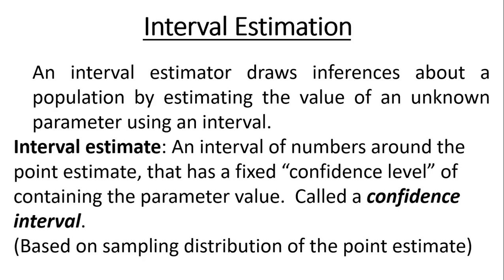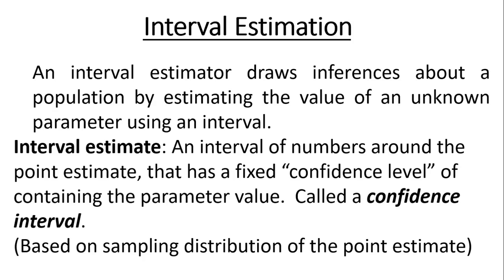Rather, we have a range of values where your sample statistic would fall. So it makes an interval, and that's what is referred to as interval estimate: an interval of numbers around the point estimate.